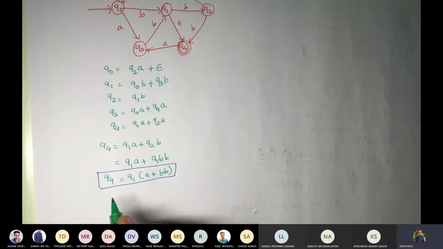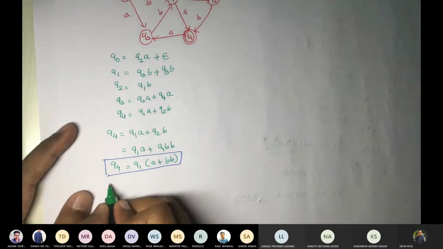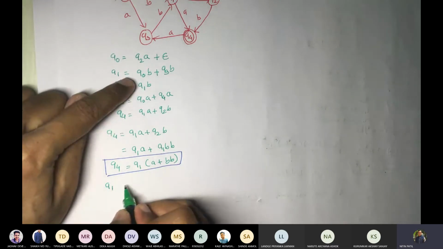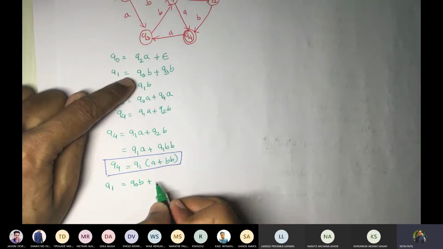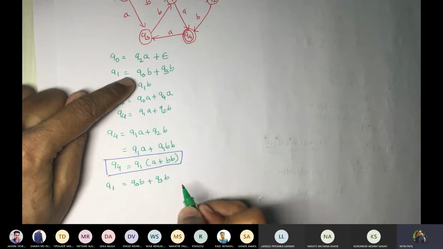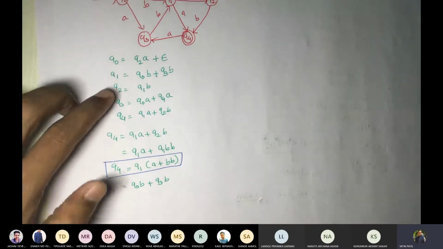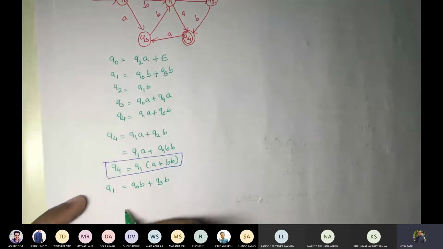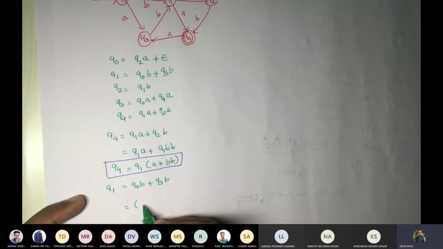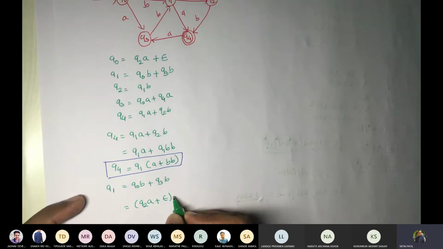So we will start with Q1 now. Q1 is what? Q0B plus Q3B. So if I consider the value of Q0, it is Q2. So if I go with Q2 now, what would the value be? I will get the Q0 value as Q2A plus epsilon, then this B, correct?